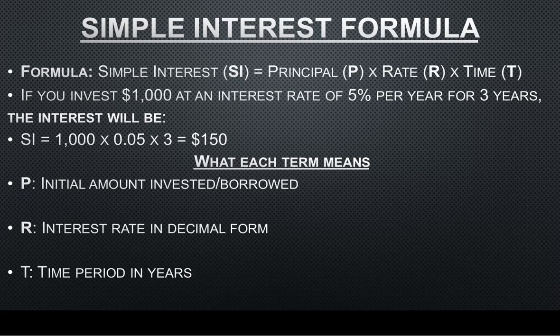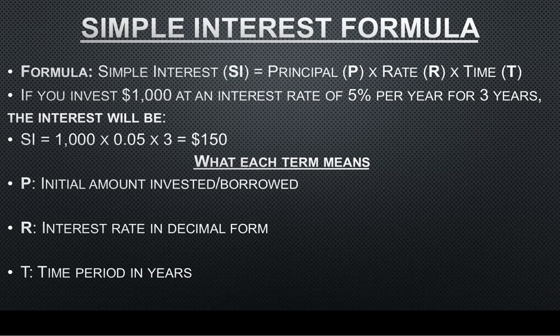If it is a loan, the amount that was given to you is the initial amount, which is the principal. The rate is the percentage charged against the principal. And then obviously T is the period in years.